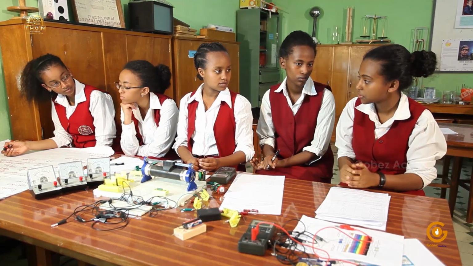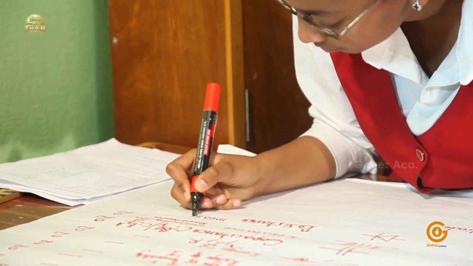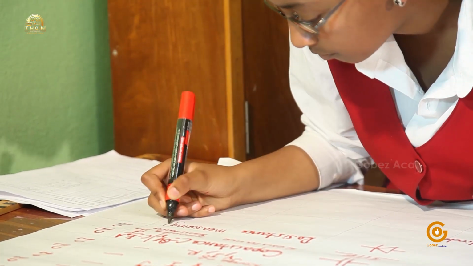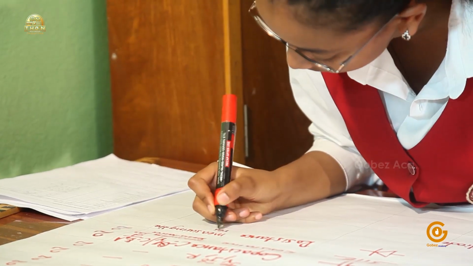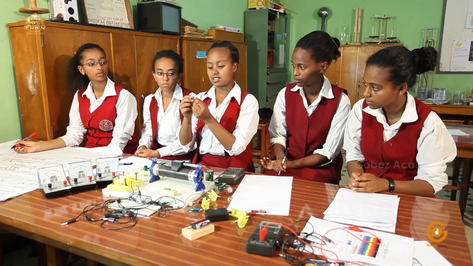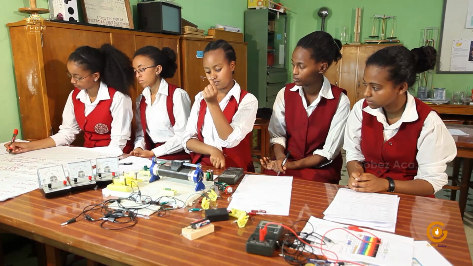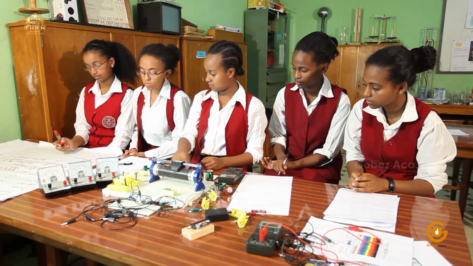So we have to measure resistance. Okay. And we have seen that it has 2 terminals, so the number of terminals for a diode is 2. The next one is a transistor.